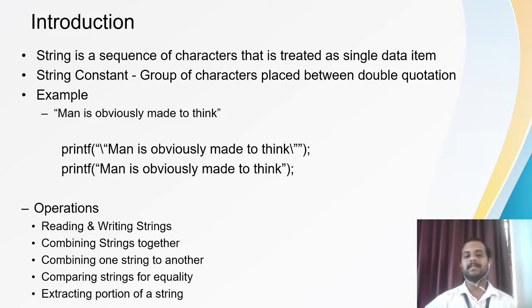The first printf statement will print "man is obviously made to think" inside the double quotation marks, and in the second statement, man is obviously made to think is just printed as it is, and the double quotation marks will not be included. Okay. So here the double quotation marks got included because I am going to use the escape sequence, that is the backslash, right?